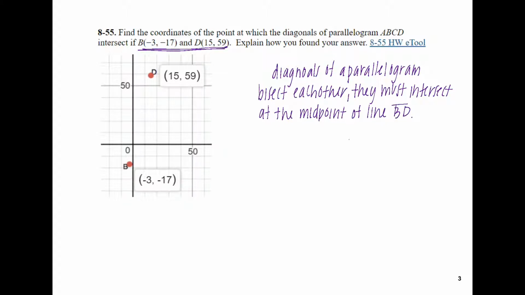So to find the midpoint of line BD, we can take our x coordinates and add them up. -3 plus 15 divided by 2, because that would give us the midpoint, which is 6. Likewise, we're going to do the same thing for our y values. -17 plus 59 divided by 2, which tells us that they must intersect at the ordered pair 6, 21.